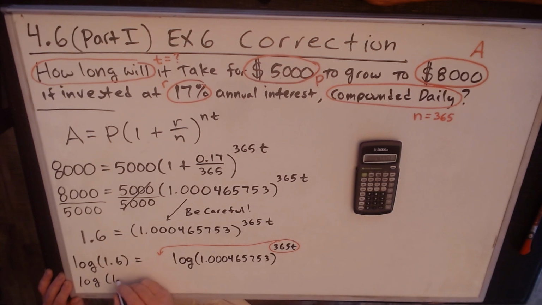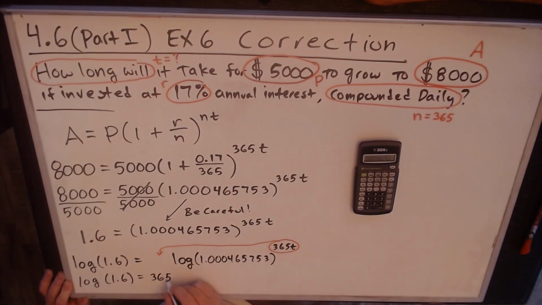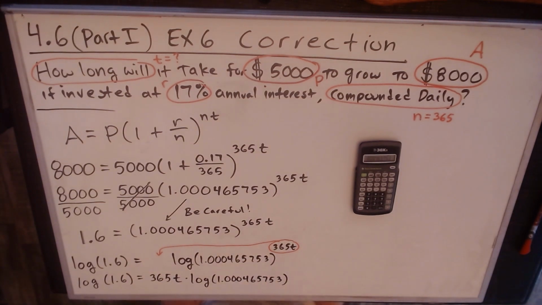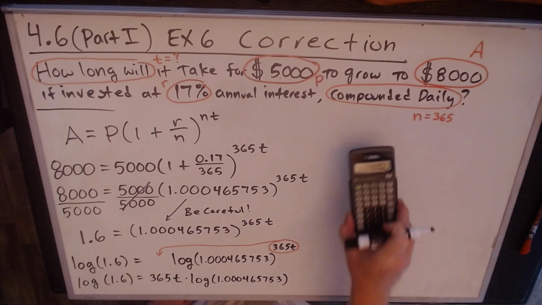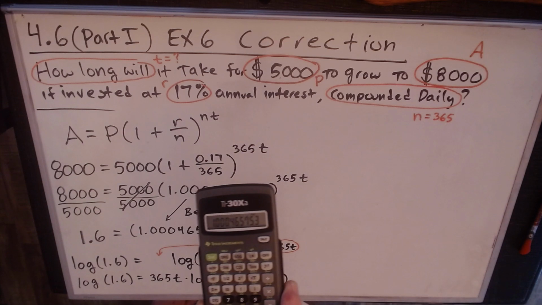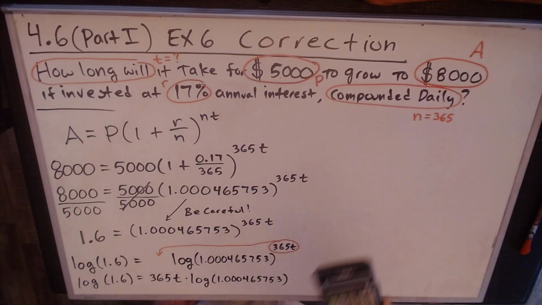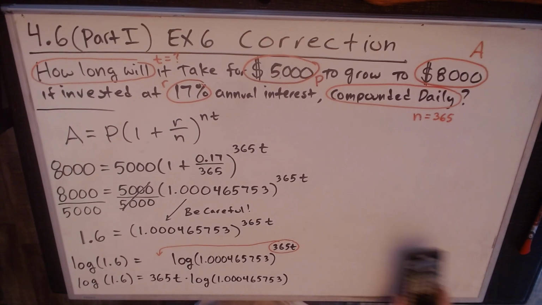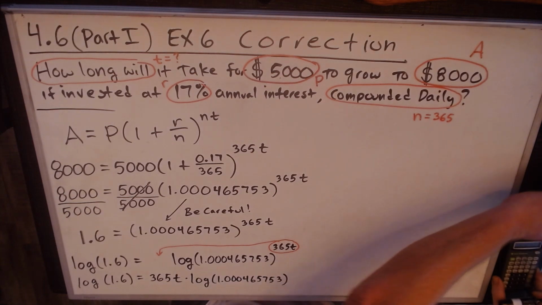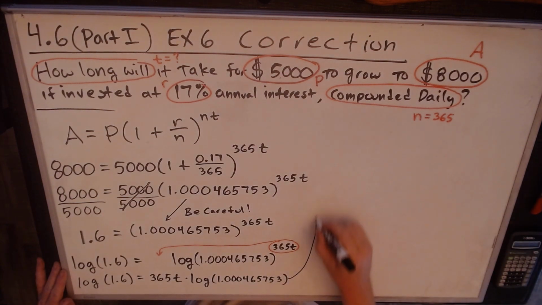So now we have log of 1.6 equals 365t times the log of, and be careful, 1.000465753. I'm just keeping that value on my calculator as an insurance policy to make sure I don't screw this one up again.